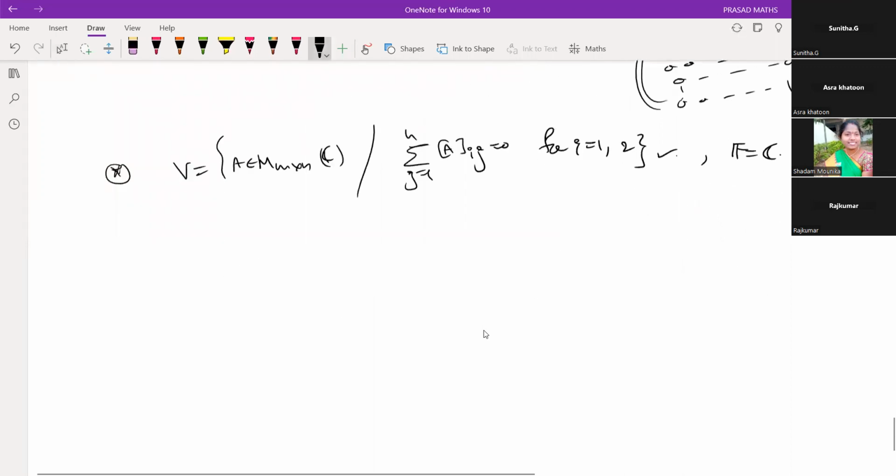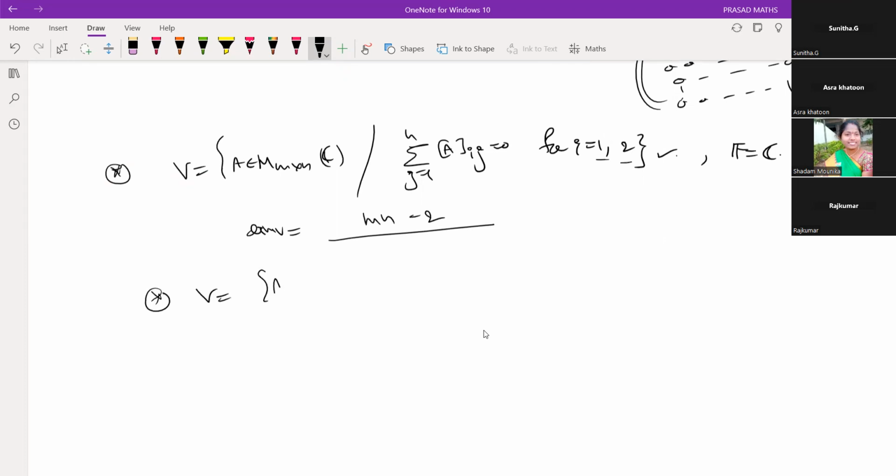Yeah, what is the dimension? Anybody? Mn minus 2. Good. Total minus how many conditions? 2 conditions, 2 restrictions. So Mn minus 2.